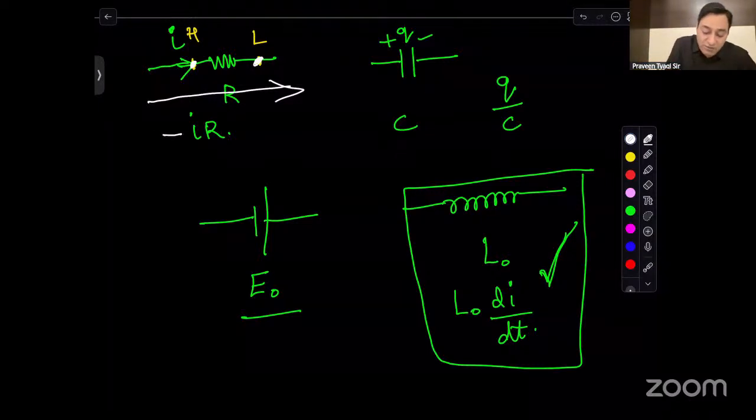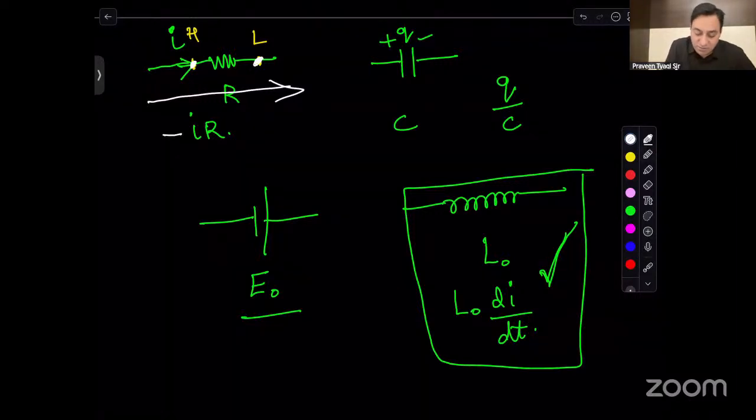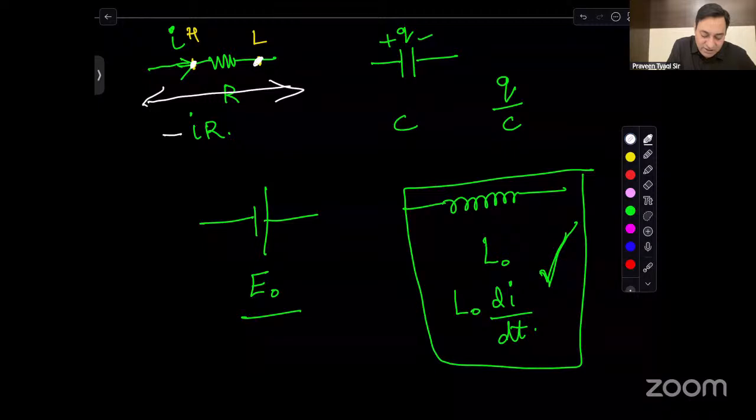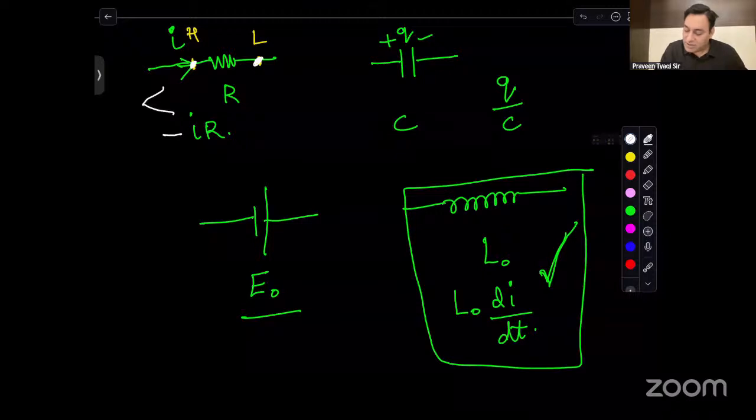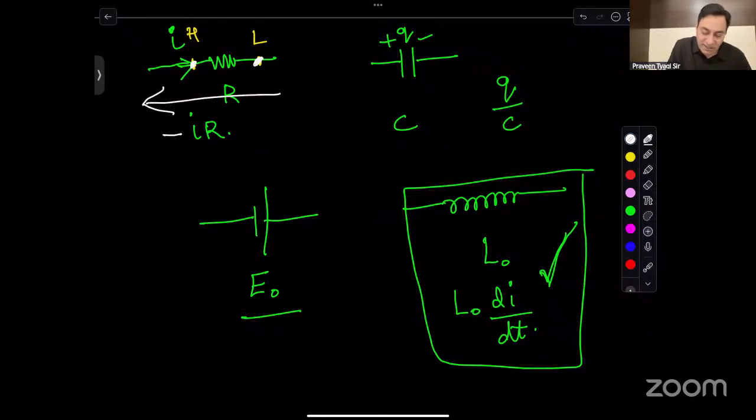Suppose I was going in the opposite direction while writing the equation, not in this direction. Suppose I was going in this direction. The current is still flowing in the same direction, but my direction now is different. My direction now is this, while going in the loop and writing the equation.